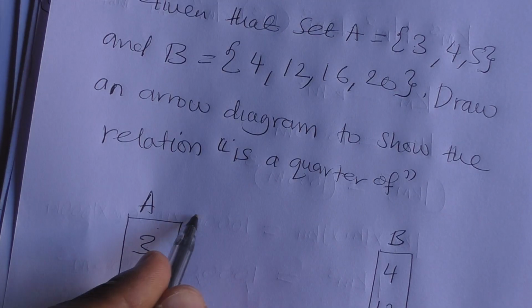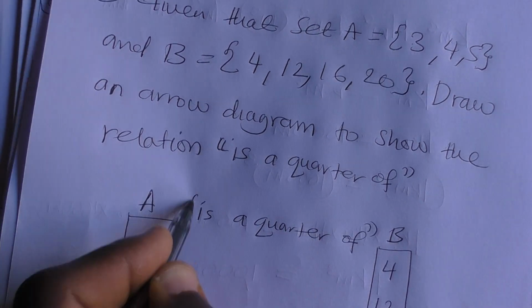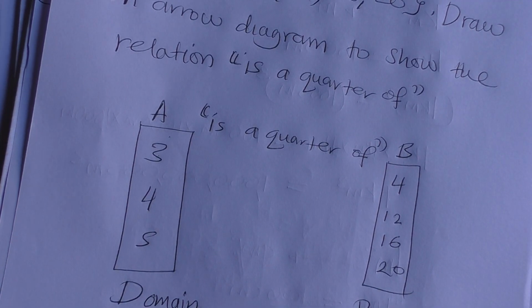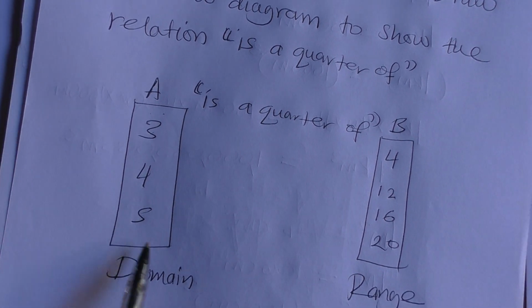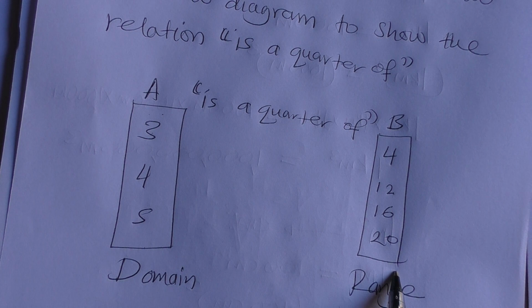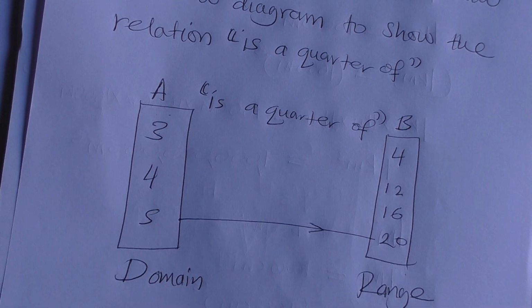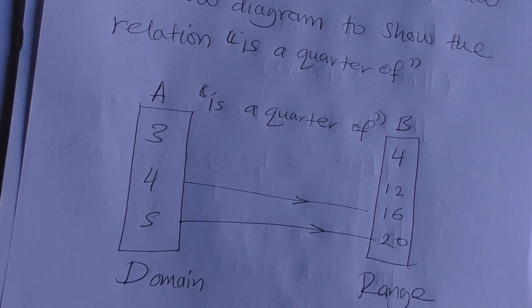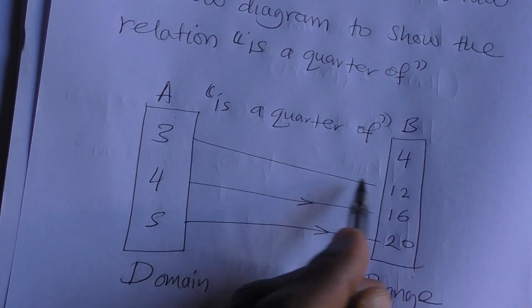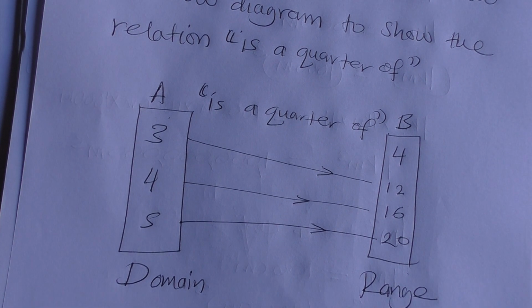The relation is a quarter of. So, meaning any item of the domain should be a quarter of that of the range. That is, 5 is a quarter of 20. 4 is a quarter of 16. And 3 is a quarter of 12. So that is how we show the relation on an arrow diagram.